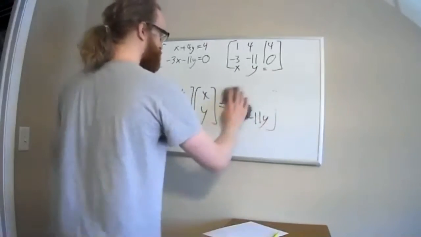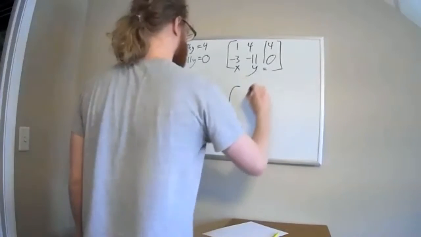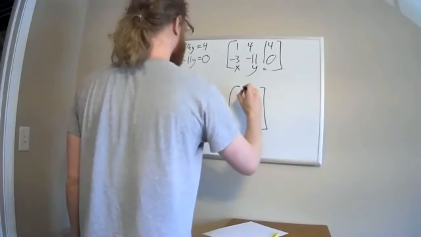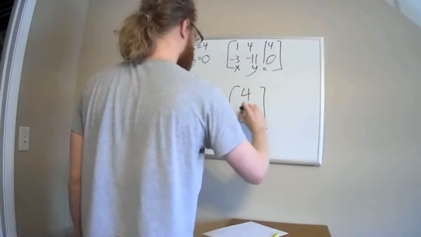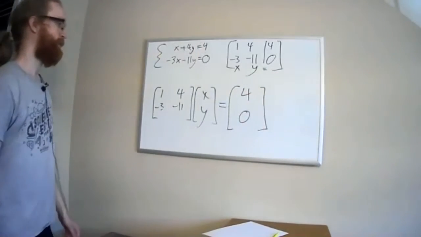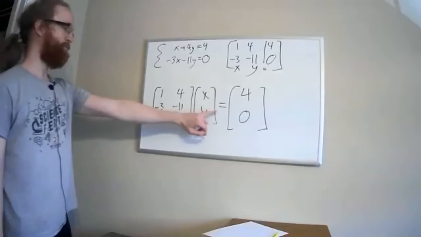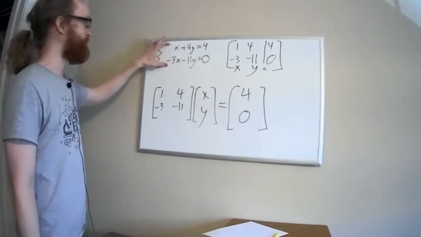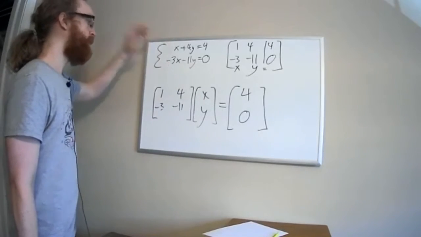So maybe if I had written this instead, 4, 0. If I had written this, then if I were to carry out this multiplication, and keeping in mind this equal sign, I would get exactly these equations back.